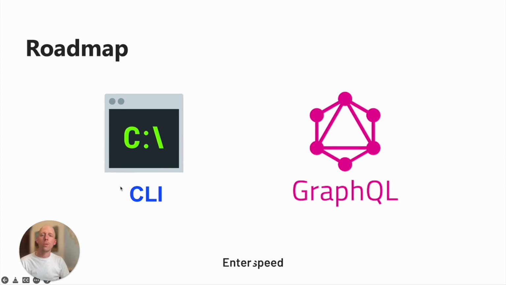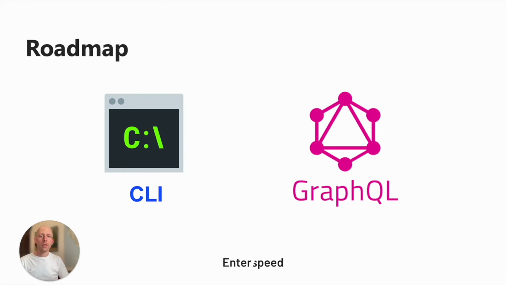I just showed you before how you can use the Enterspeed management app to deploy, and with the CLI we want to make sure that you as a developer can include Enterspeed in your CI/CD pipeline. We are developers ourselves, so we know the importance of having a predictable and repeatable deployment process, and that is of course also something that you should be able to do together with Enterspeed.